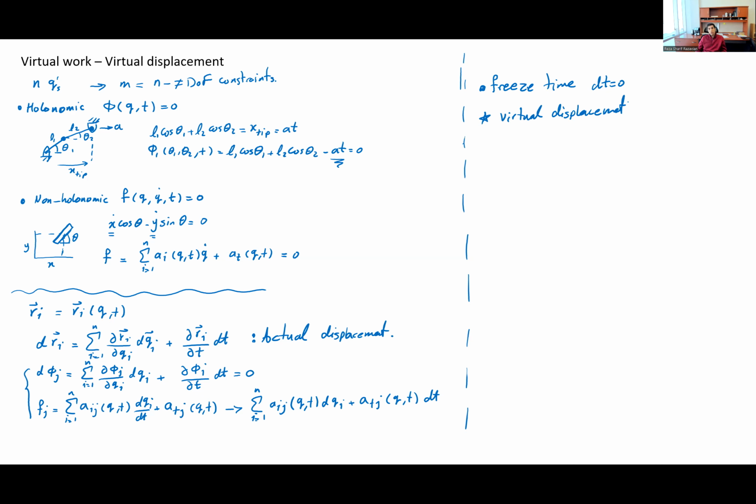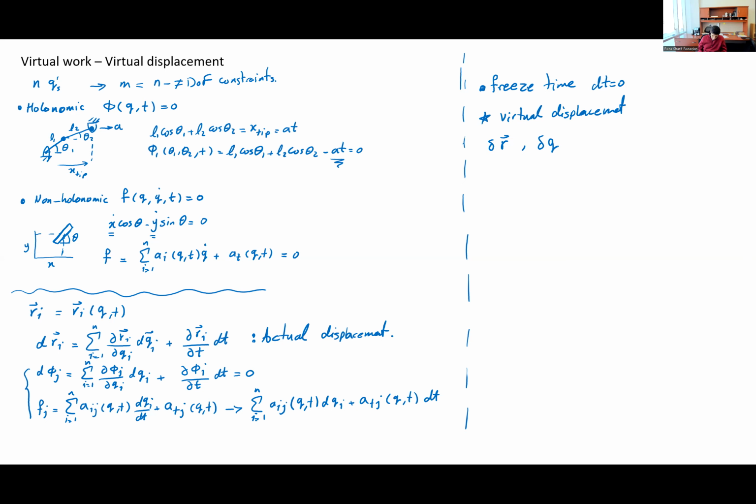To distinguish it from the actual displacement, I'm going to use the delta notation instead of d.